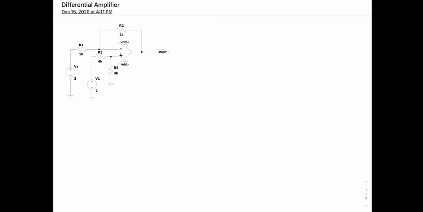So we know from the voltage divider that V1, which is equal to 2 volts, we're going to have VP here that we need to solve for.